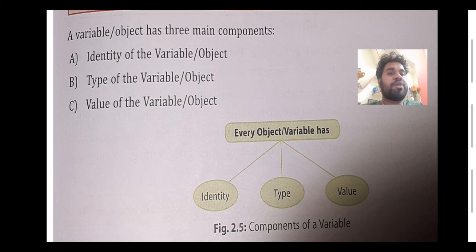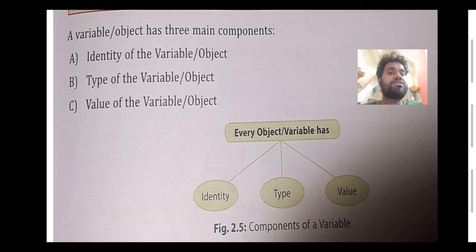Like our mobile numbers, in the mobile we are not known by our name, we are known by our numbers. Now the type of the variable: which type of variable it is, and what type of value it is storing. As I have given you examples, x is equals to 12 is an integer type.